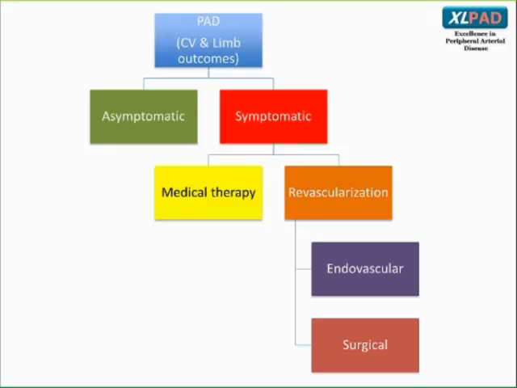The second group, the bigger group for today's discussion, are patients who have symptomatic peripheral artery disease, and then they have been referred and treated either conservatively with exercise therapy or medical therapy, or in addition to being referred for some sort of revascularization procedure. And those procedures can be divided into 2 groups, endovascular and surgical. So that would be the scheme of our talk, and I think the evidence I will be presenting would be relevant to each of these sections.